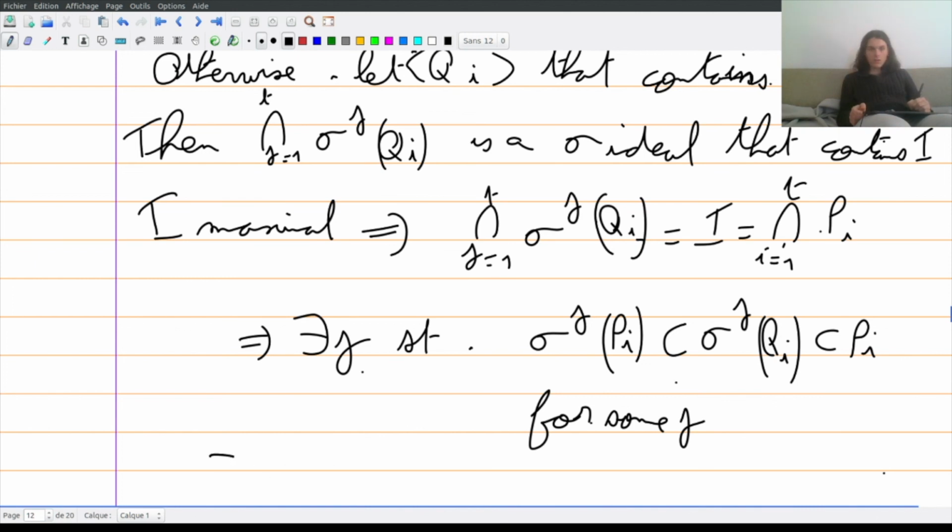So it means that j equals 0 and Qi equals Pi. So it proves the claim.